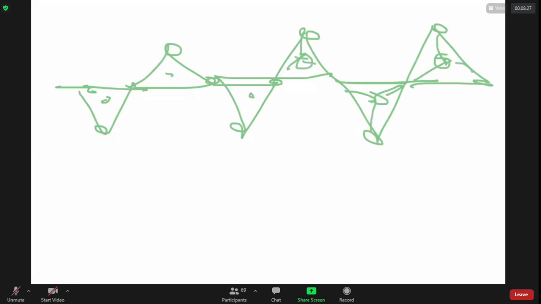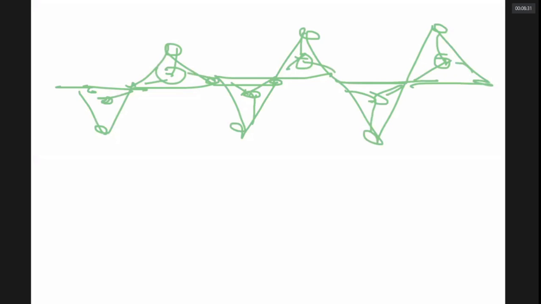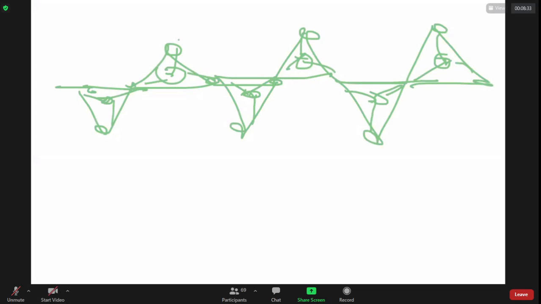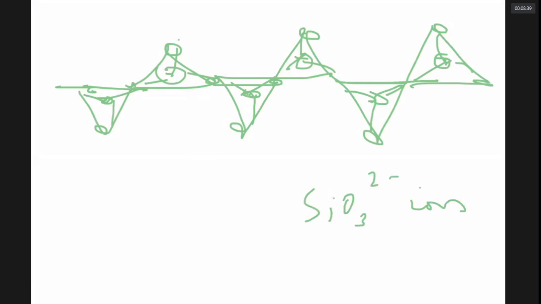Notice that the SiO3 2 minus ions are there in ring silicates or in chain silicates. An example for ring silicate is the popular green stone called emerald. There can be many chain silicates.